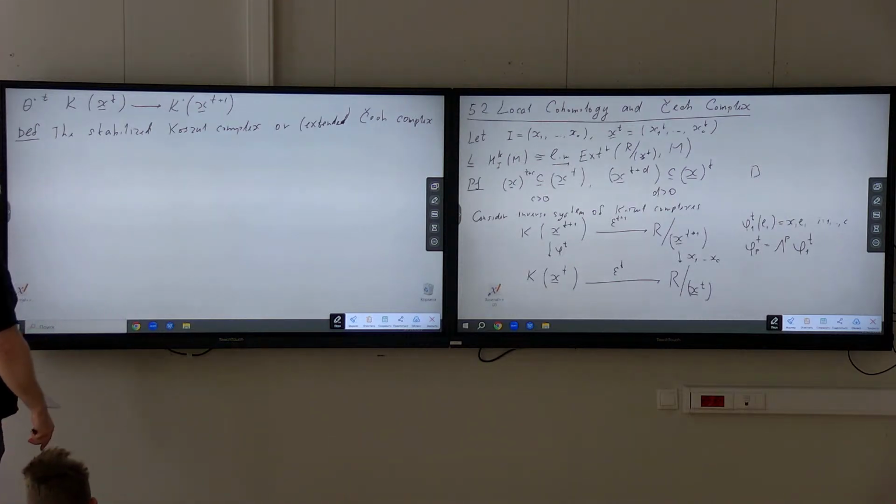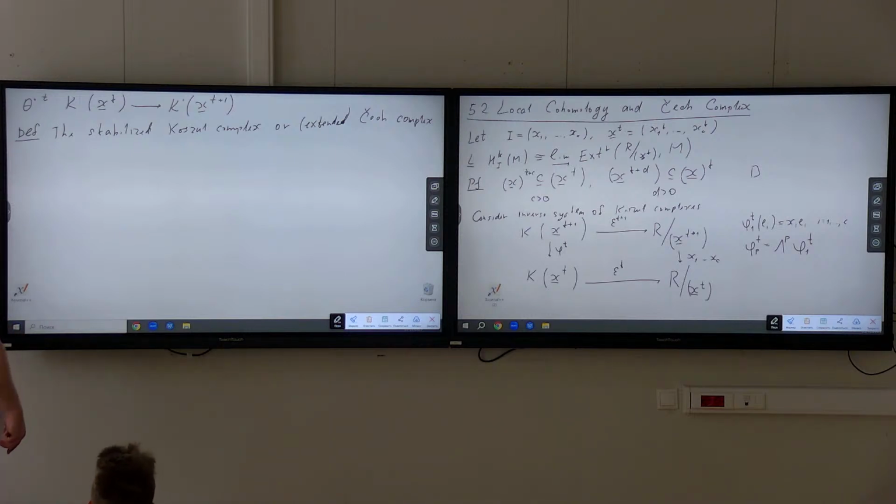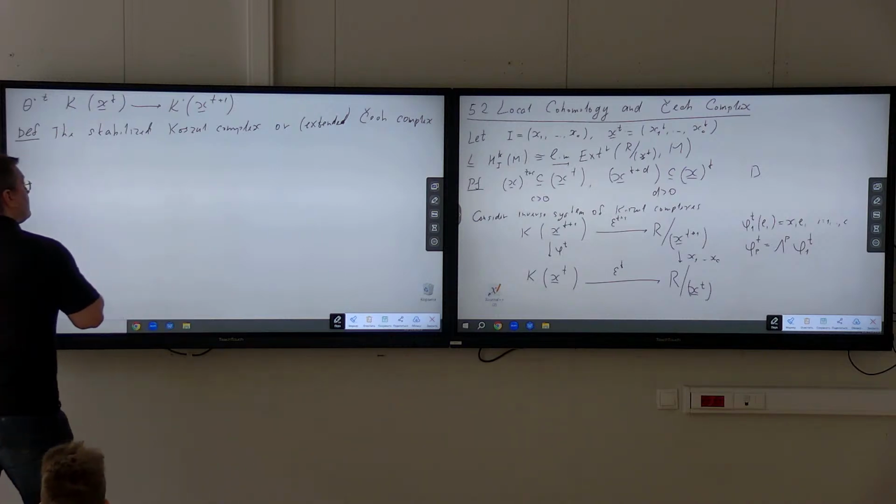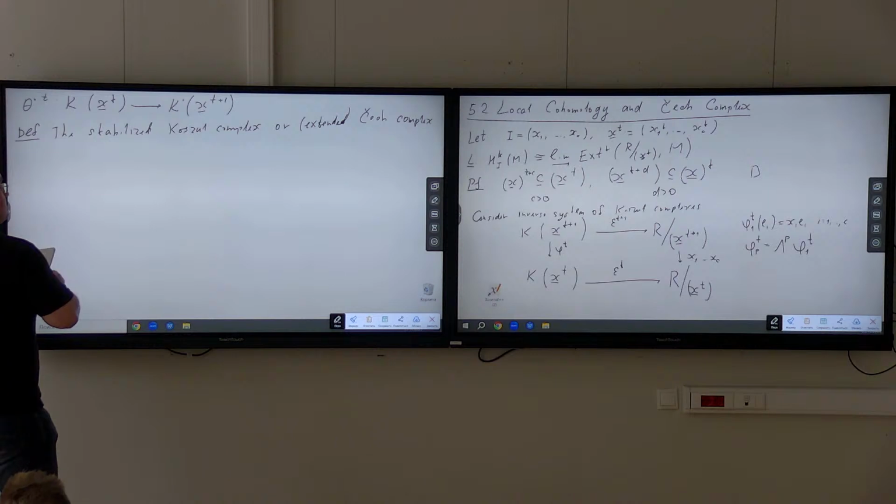If you prefer algebra, you will probably call this the stabilized Koszul complex. If you prefer topology and geometry, you can call this the extended Czech complex, or just the Czech complex. I am going to explain in several minutes why this is called the extended or just Czech complex.